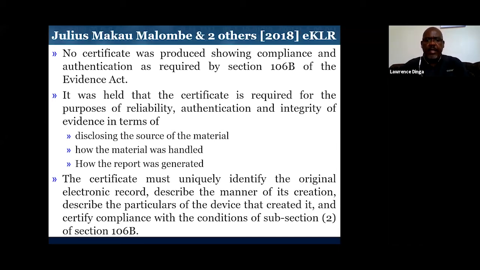It was held that the certificate is required for the purposes of reliability, authentication, and integrity of evidence in terms of disclosing the source of the material, how the material was handled, and how the report was generated. So it's still talking about the evidence. So the certificate must uniquely identify the original electronic record, describe the manner of its creation, and describe the particulars of the device that created it, and certify compliance with section 106B.